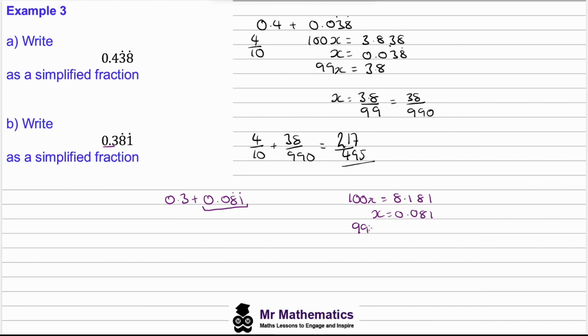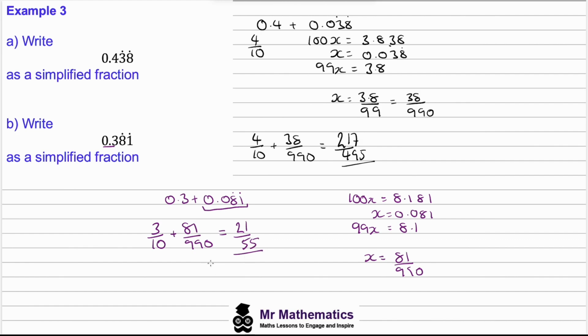So 99x will be 8.1. x will be 81 over 990. So we'll have the 3/10 plus the 81 over 990. And we'll get 21 over 55. Did you get that?